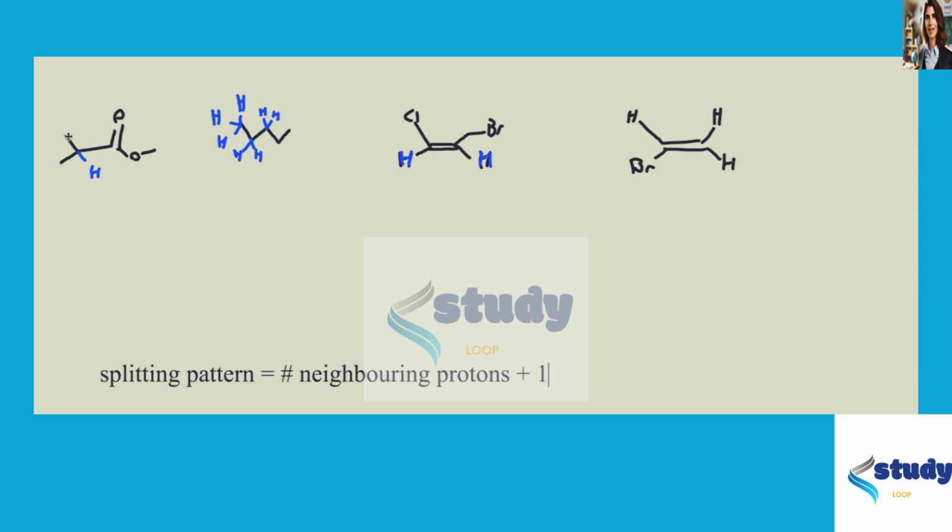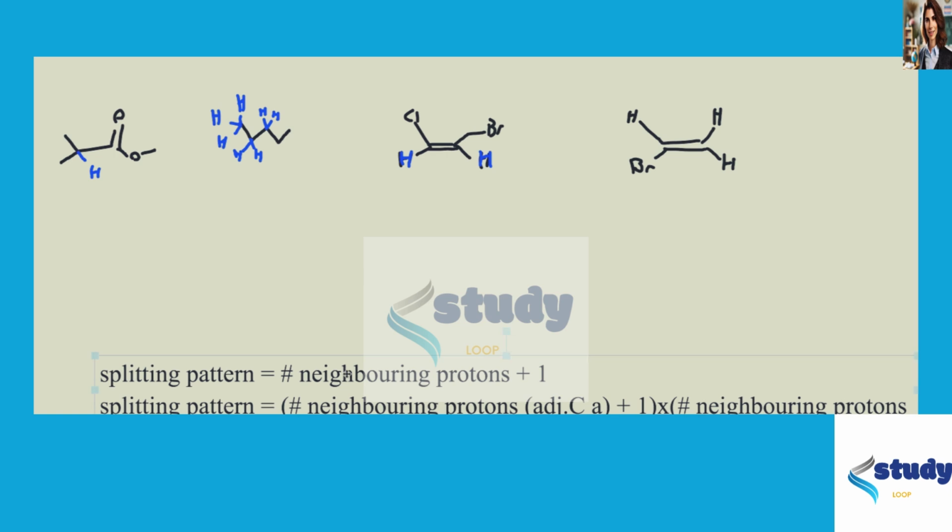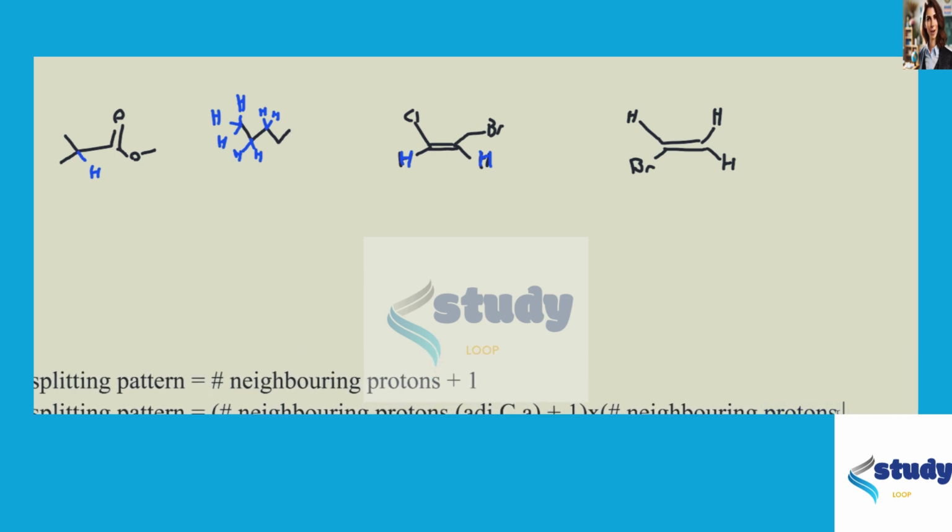So if you have one neighboring proton that's different from the other neighboring proton, then you have a modified rule, being that your splitting pattern equals the number of neighboring protons from your adjacent carbon A, plus 1, and that's multiplied by the number of neighboring protons from your adjacent carbon B, so your other adjacent carbon, plus 1.